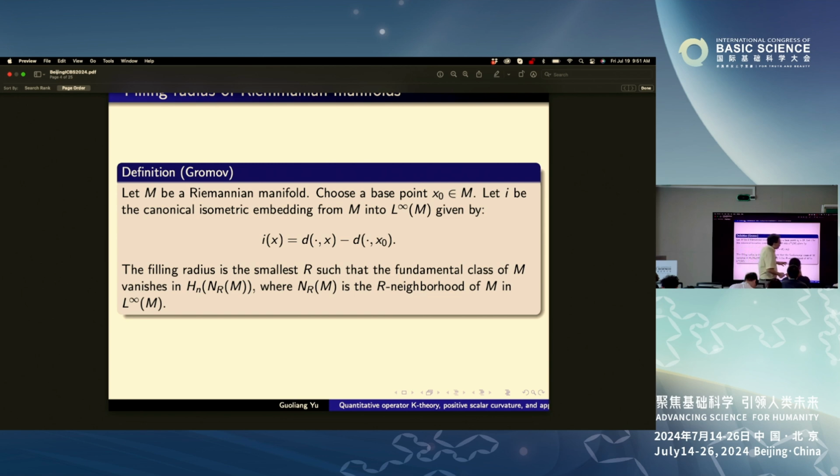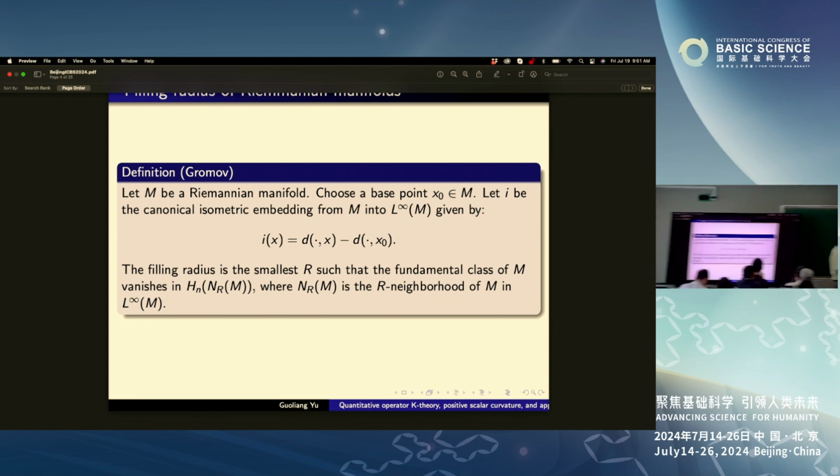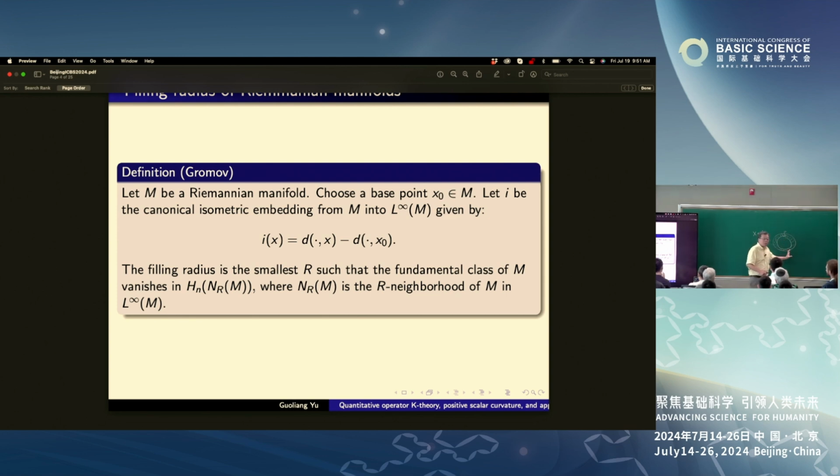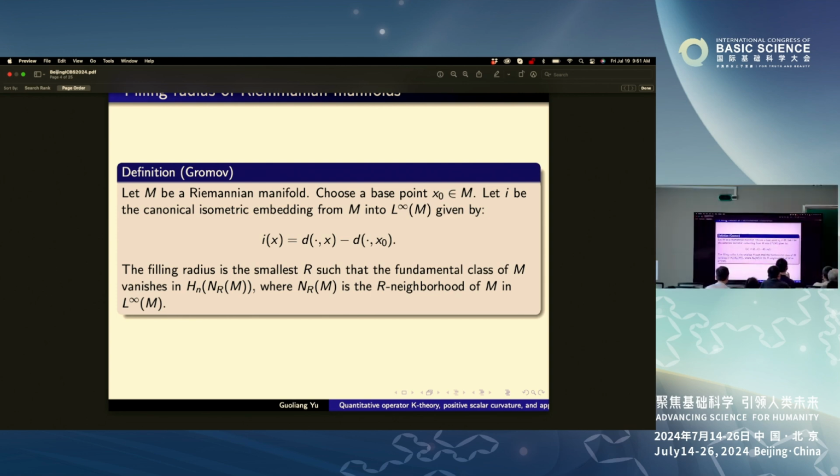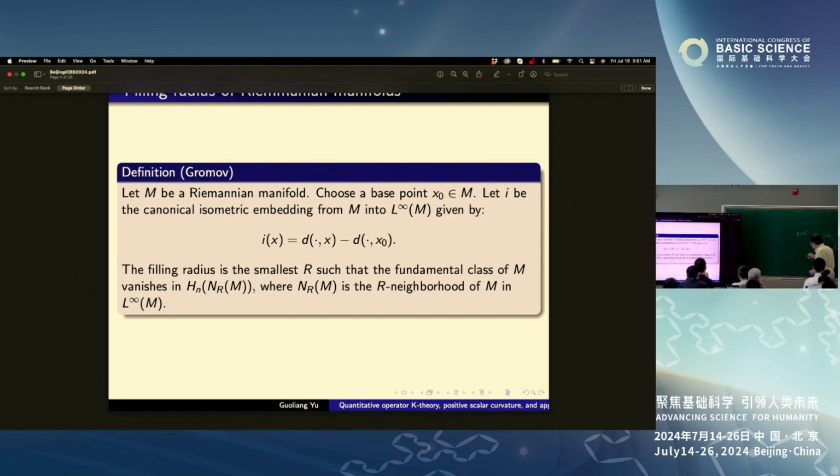So just like in this picture, you fill in and the fundamental class collapses. Now, if you have positive scalar curvature, intuitively you will be able to do this.